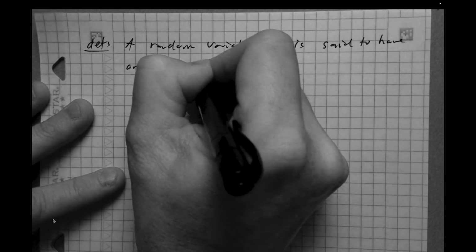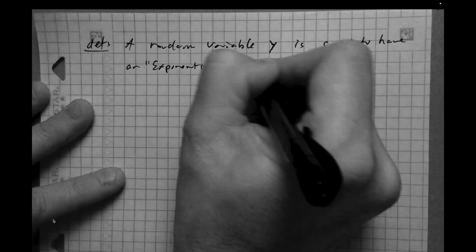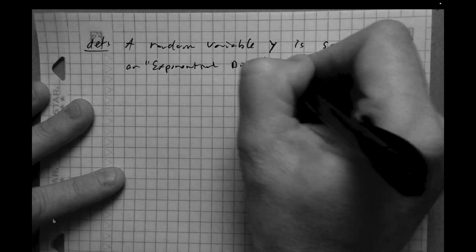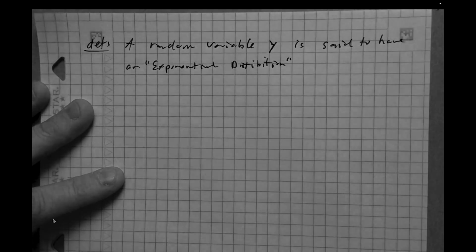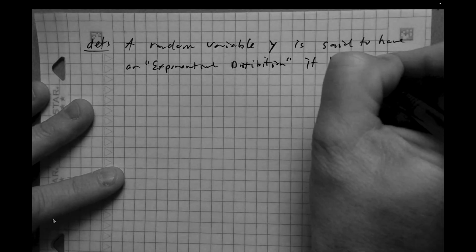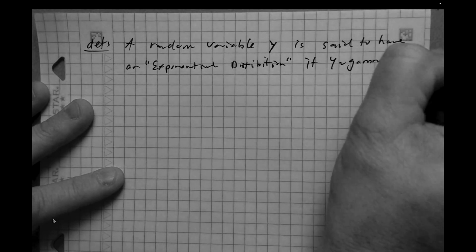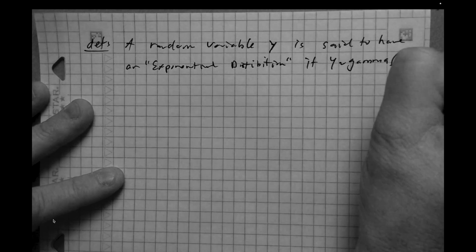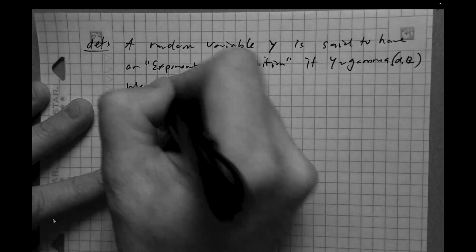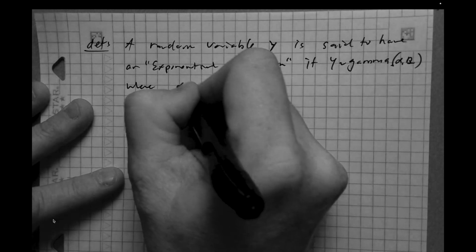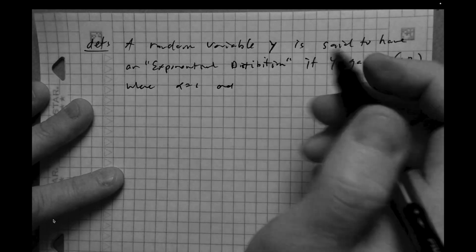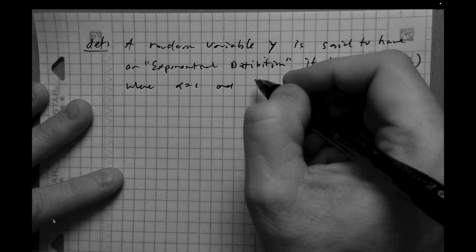An exponential distribution: if y is gamma alpha, beta, where alpha is equal to 1 and beta is any value greater than 0.